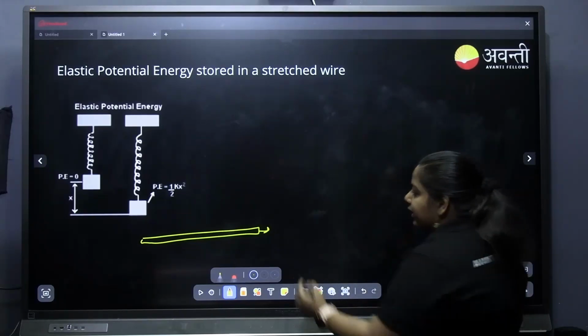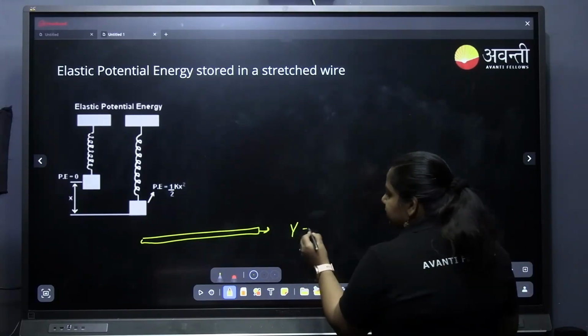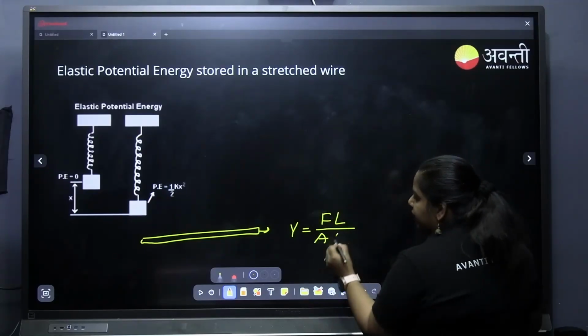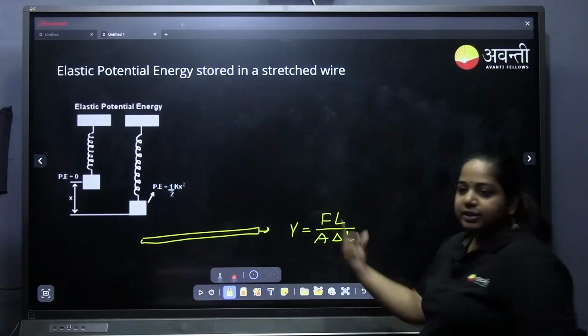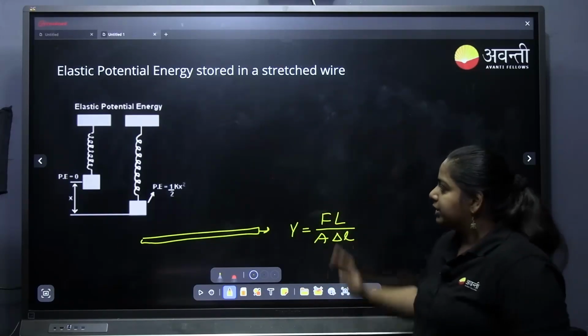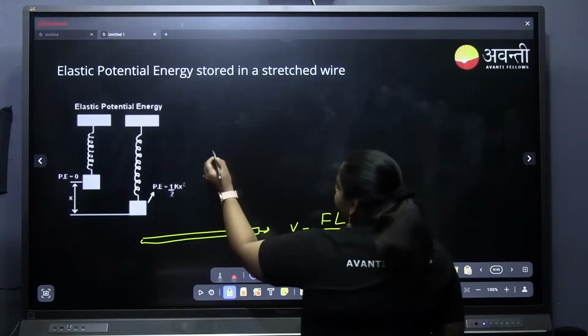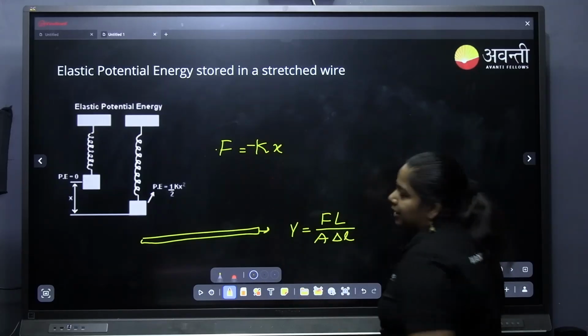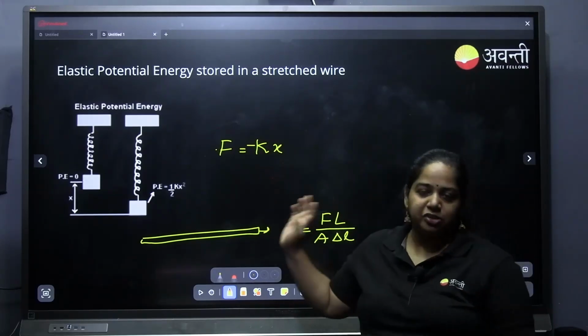As you know, Young's modulus is equal to F L by A delta L. This formula we got from the previous slide. For a spring, we take F equal to minus kx. The minus sign just means the direction of force.